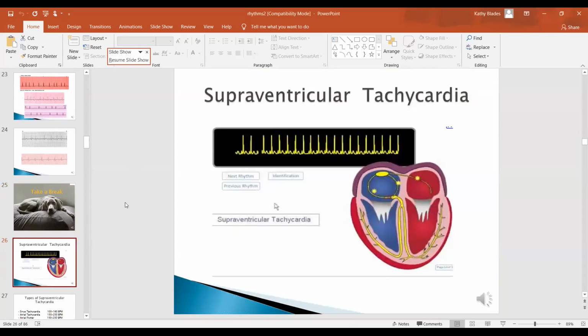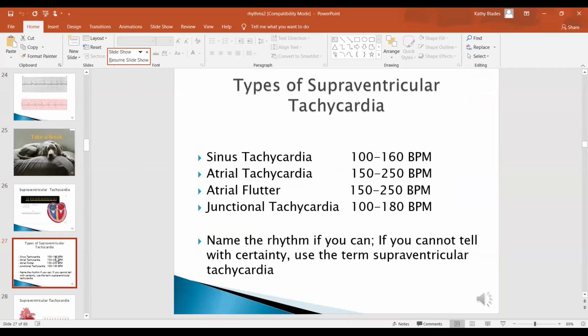Okay, so this is supraventricular tachycardia, or SVT. This is one of those rhythms that you're going to have to do something about. We call a lot of things SVT: sinus tachycardia, atrial tachycardia, atrial flutter, and junctional tachycardia.